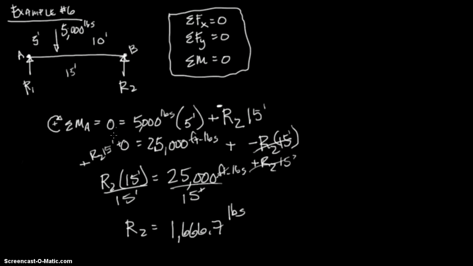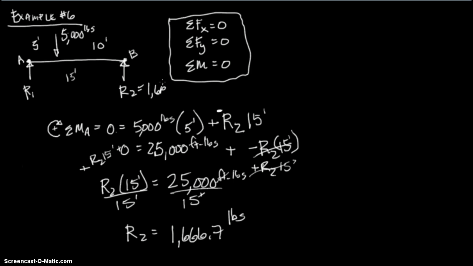Now we have this equals 1,666.7. And now you could do the same thing. You could go to B and sum the moments about B, and that would give you R1. Or you could do what I always prefer to do, which is do the sum of the forces in the y direction.